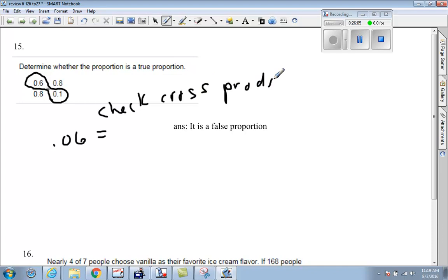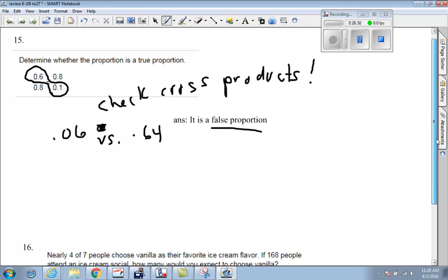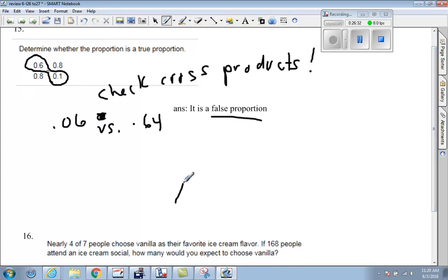They must be equal. 0.8 times 0.8 is 0.64. Well, they are definitely not equal. Okay, so it's a false proportion. So not equal, false proportion.